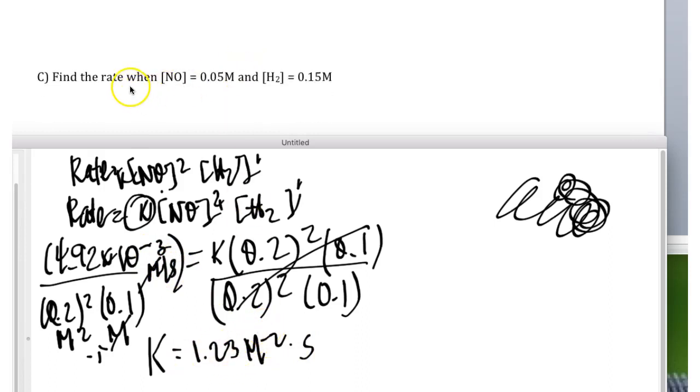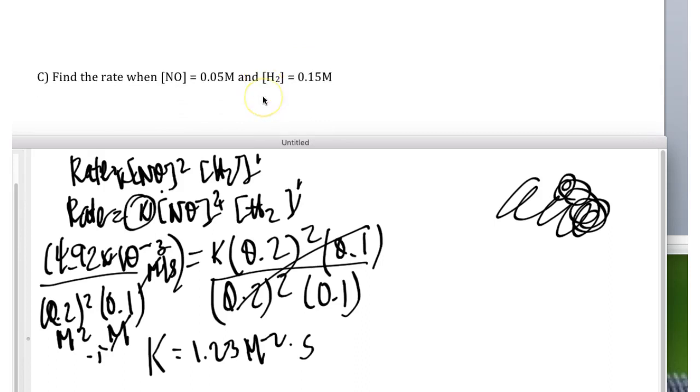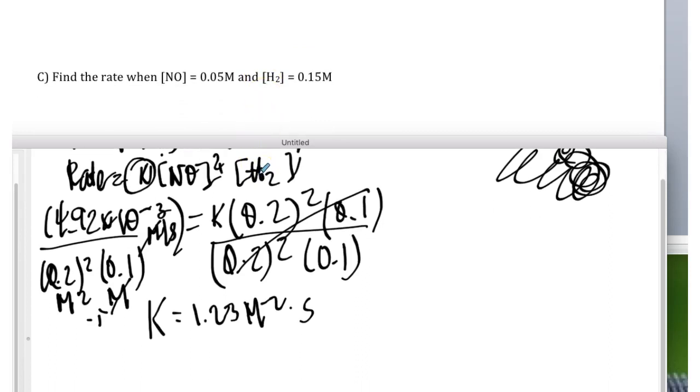Now that we have k, now we can find the rate for these two values, which are not in the equation up there. So I'm gonna write it right here. So rate is equal to k, which is 1.23 molarity, guys, sorry, I keep saying meters. Molarity to the -2 second. And then I'm gonna put, if you look here, NO is right here.